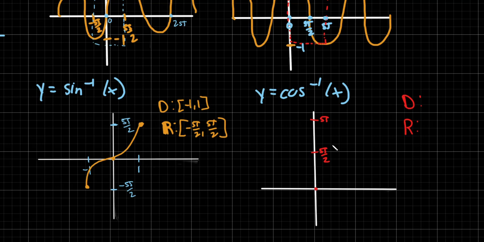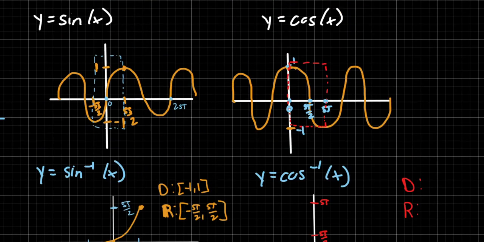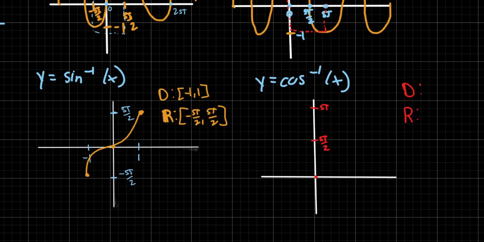Okay, what are my y values for cosine in my restriction? 1 and -1. Should that be my x or y axis for my inverse? X axis. So let's put them -1 and 1.